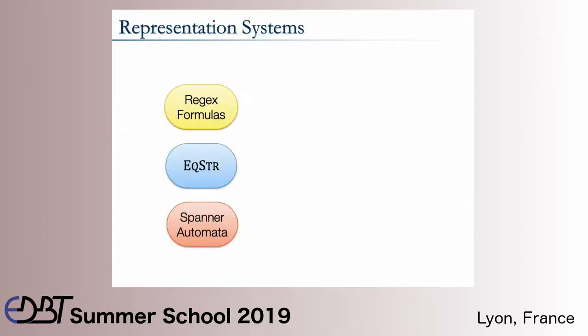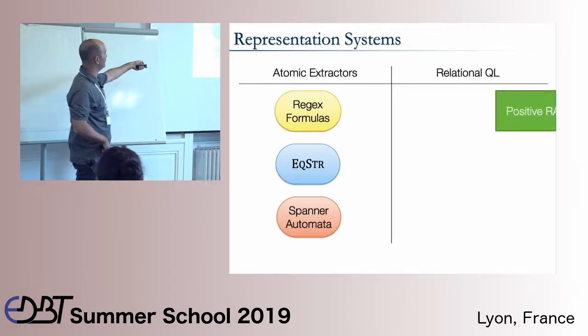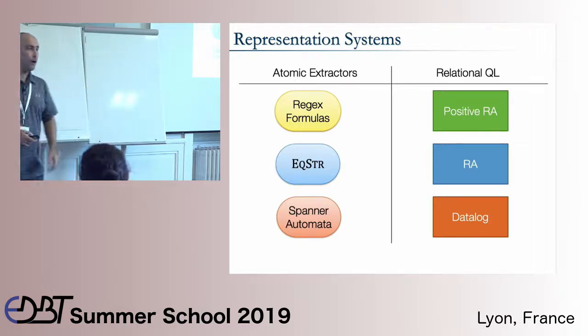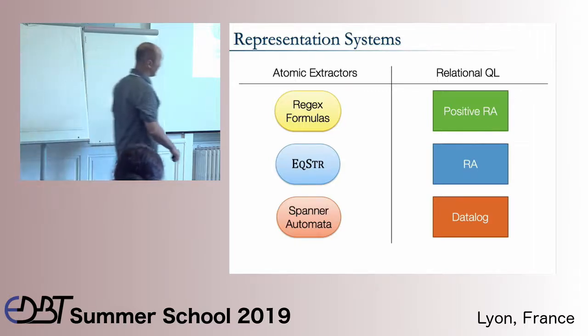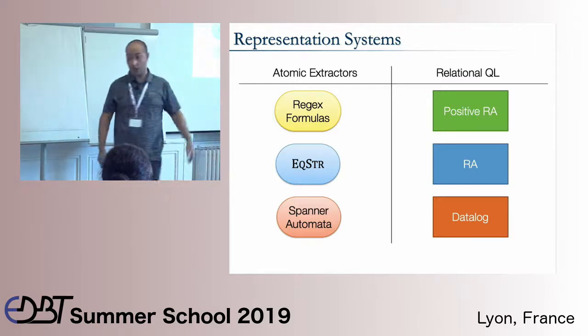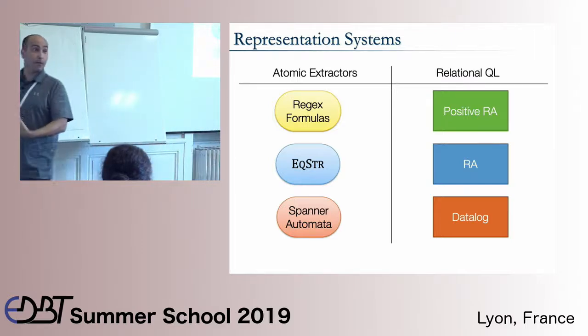Okay, so now we have these languages for primitive spanners that we defined previously, we can also combine them with several relational query languages, and now we can start combining between them, right?